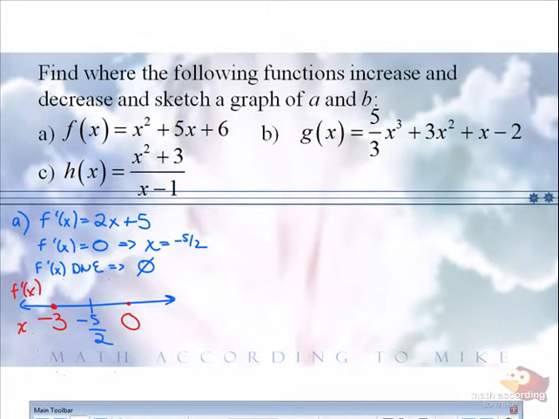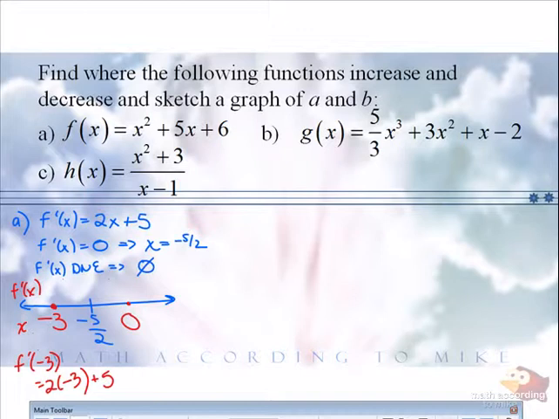For instance, if we did f prime of negative 3, that would be 2 times negative 3 plus 5. What is 2 times negative 3 plus 5? Negative 1. Is that positive or negative? Negative. So we're just going to put a minus sign above negative 3.